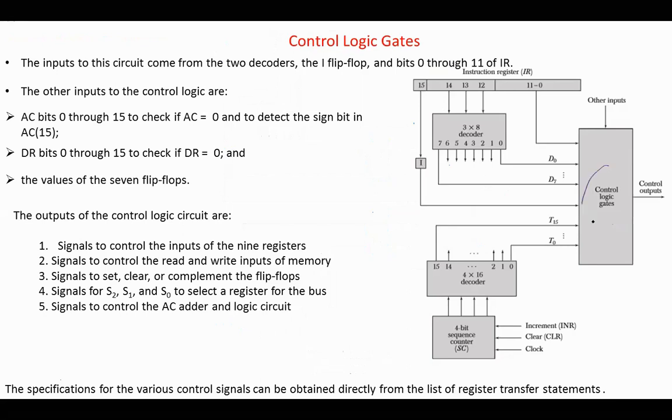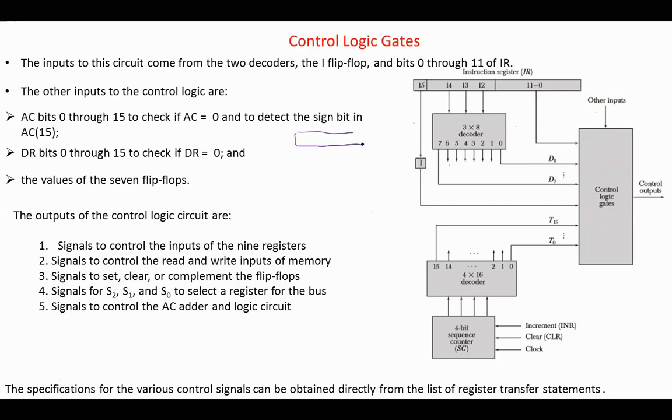The inputs to this circuit come from the 2 decoders, the I flip-flop and bits 0 through 11 of instruction register. The other inputs to the control logic are accumulator bits 0 through 15 to check if accumulator equals 0 and to detect the sign bit in accumulator bit 15.